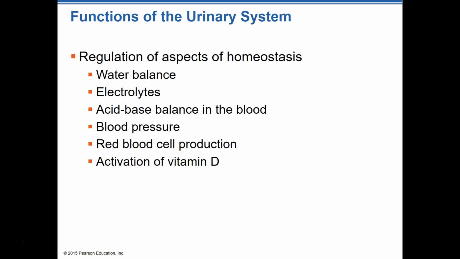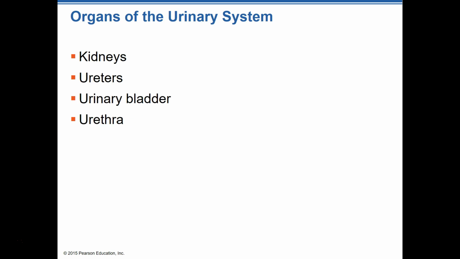The kidneys play a major role in that. It helps with the acid-base balance of the blood. It helps to manage blood pressure. It triggers red blood cell production, and it activates vitamin D. So there's several things that the urinary system does other than just to make urine. It's a vital system that we have to have in order to survive.